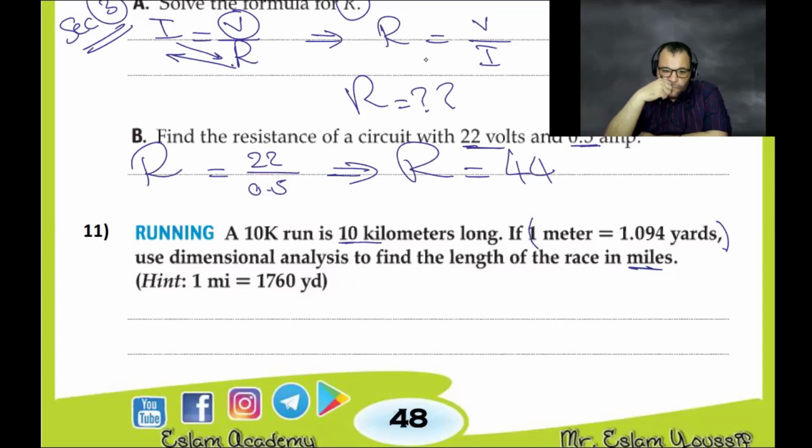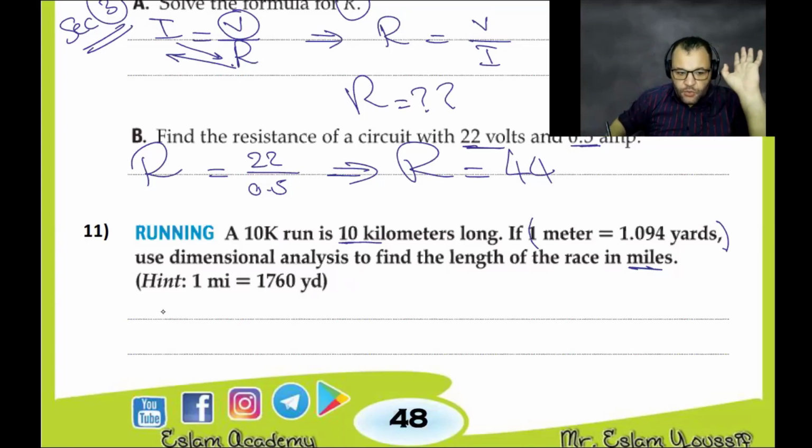So he's saying 10 kilometers and he wants you to find it in meters, so we're going to convert kilometers to meters. Step number 1: 10K is equal to, to convert from kilometers to meters, you have to multiply by 1,000. I'm removing K and replacing it with 10 times 1,000 meters.